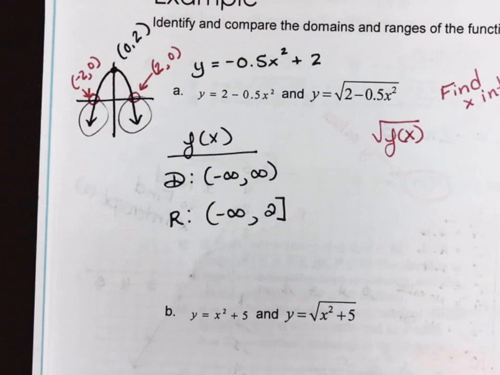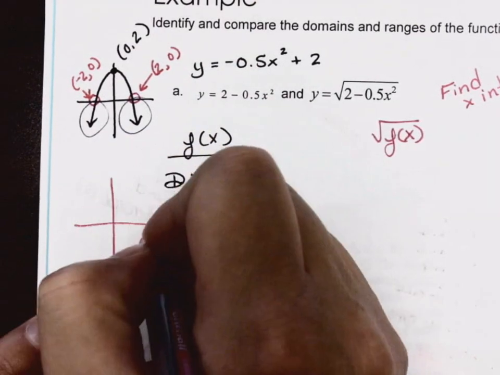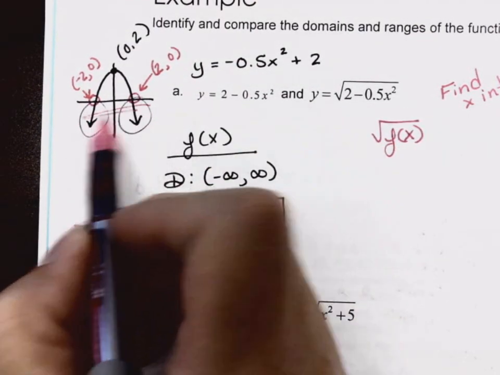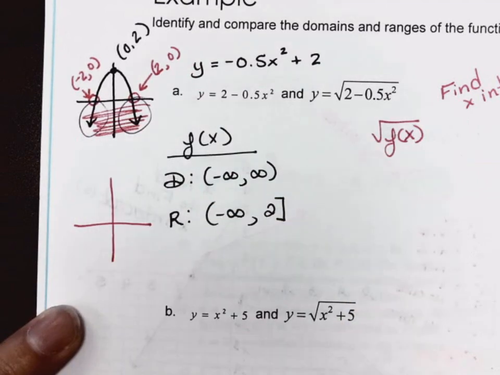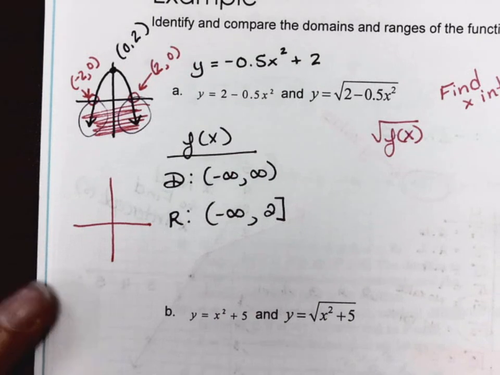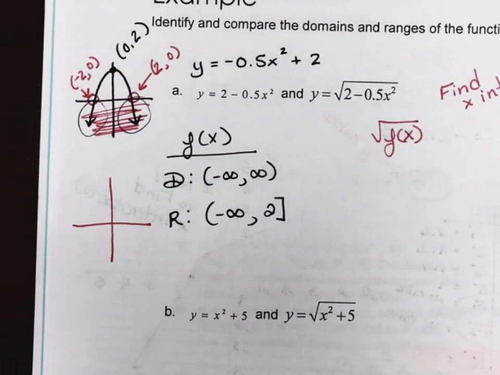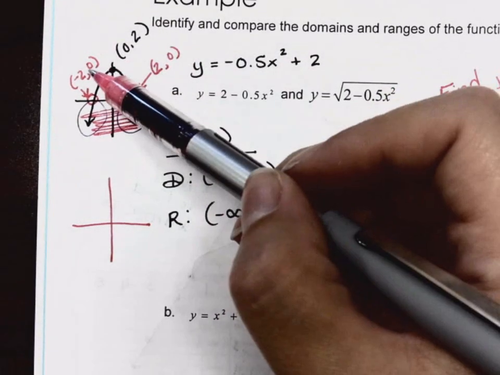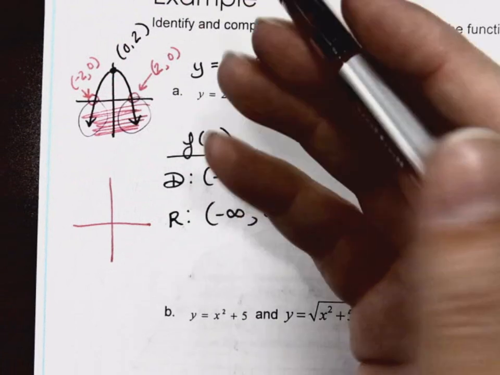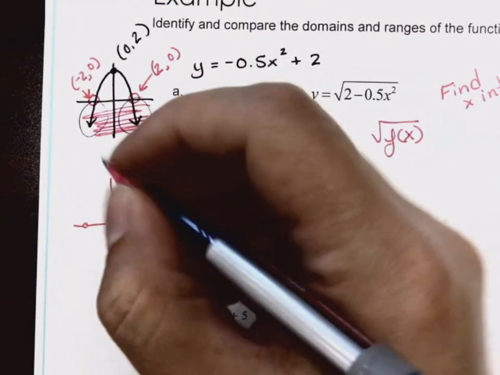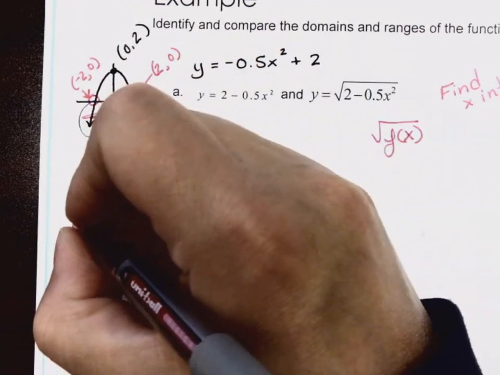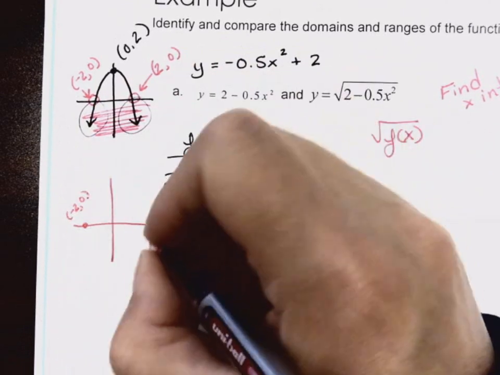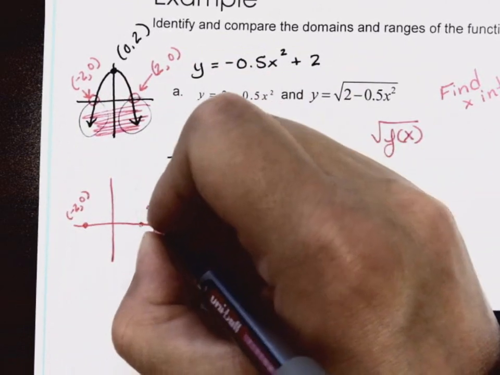And so that helps me because on my radical graph, I know that I can't do anything with this down here. What happens to my y values? We square root them, right? What's the square root of 0? 0. And this point here is going to be 2 and 0.